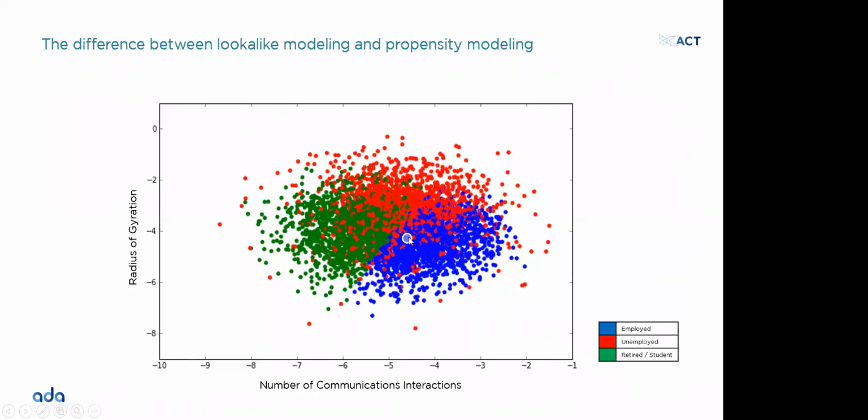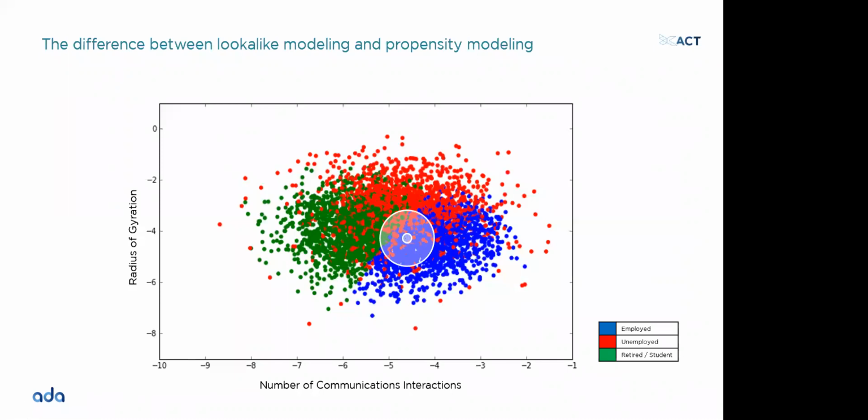In this case, we have identified a small group of people that we know are employed, or mostly employed. And then what we try to do in lookalike modeling is look for other devices that are close to that group, okay? So essentially, this is the essence of lookalike modeling: to find the people or devices that are similar to the people that we're interested in.